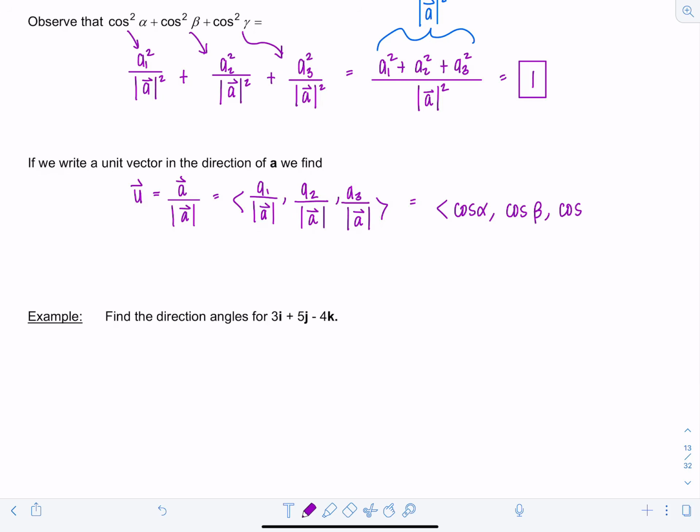You have cosine alpha, cosine beta, and cosine gamma. So the direction cosines are the components of the unit vector.